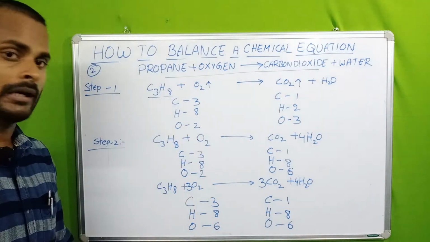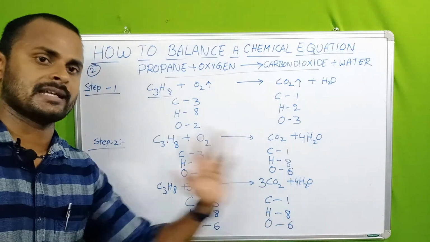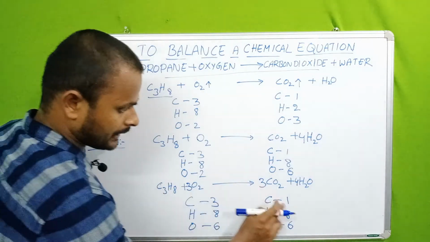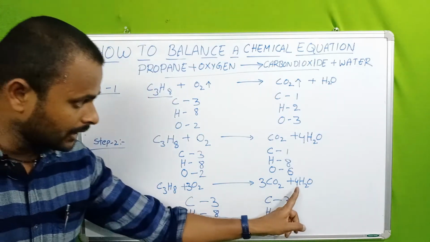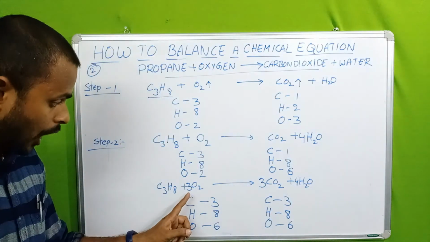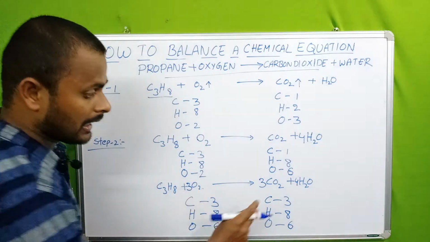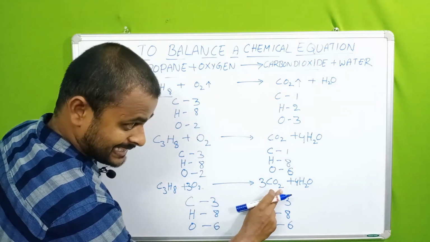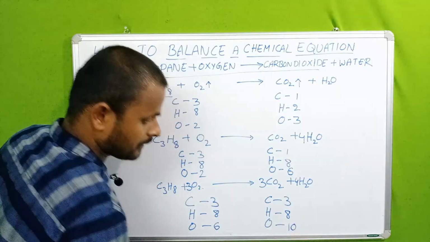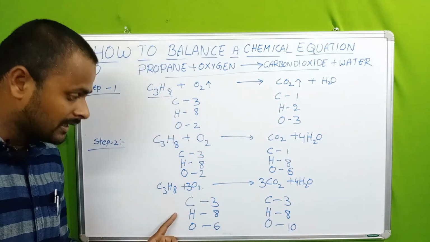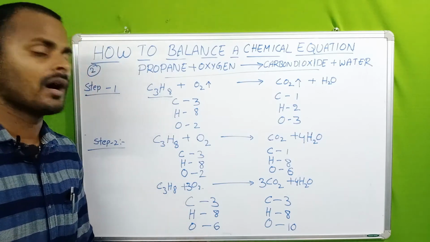Then count the reactant side atoms and product side atoms. The carbons 3 and here also 3. Hydrogens 8, here also 4 2s are 8. Oxygens 3 2s are 6 and here 3 2s are 6 plus 4, totally oxygens are 10. Here carbons balanced and hydrogens balanced but not oxygens.